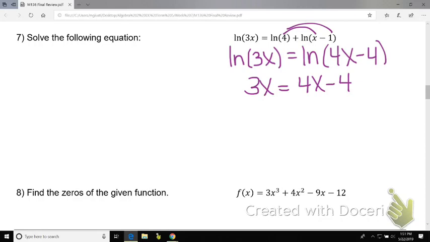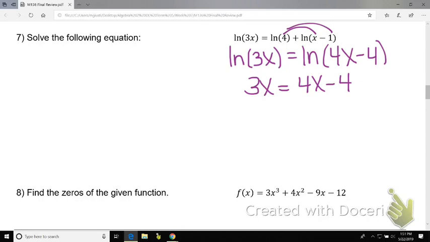You can get on Khan Academy. There's all kinds of tutorial videos. But at the end of the day, they follow the same properties. So as long as you're comfortable with addition being turned into multiplication, you can do this problem essentially the same way we do regular logs.